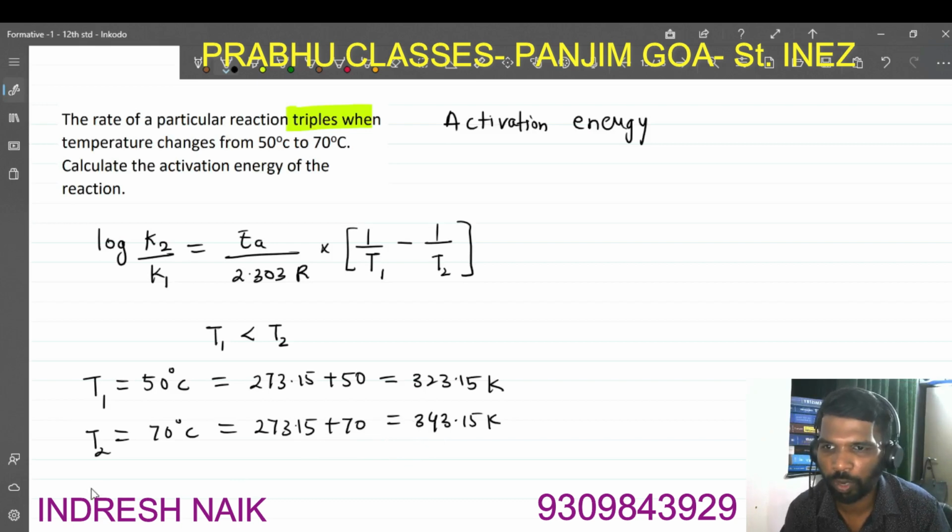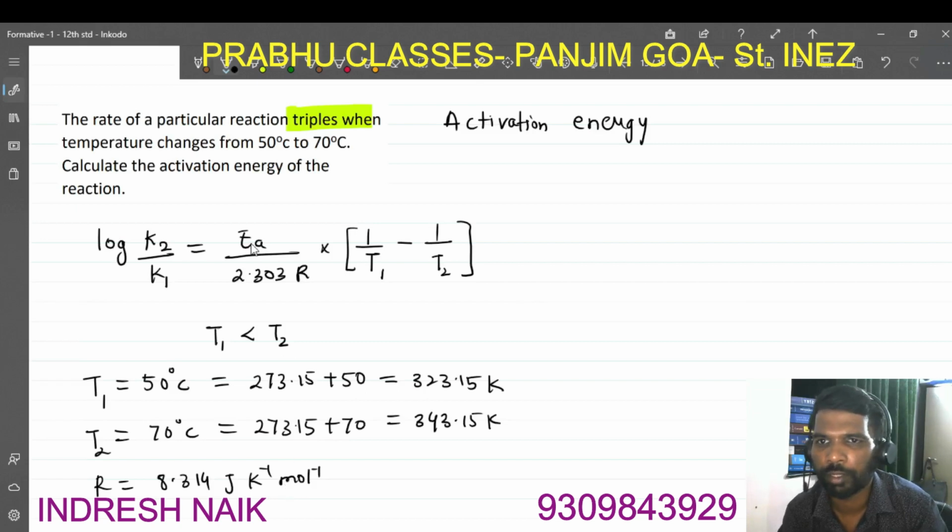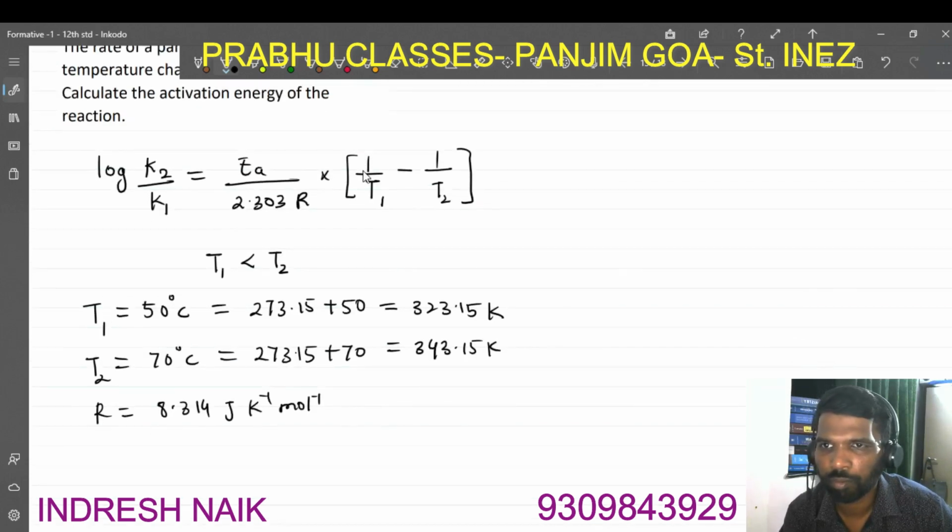What value of R are you going to take? R will be 8.314 joules per Kelvin per mole, so EA is in joules per mole. Now what is K2? Actual values are not given, but the rate triples.